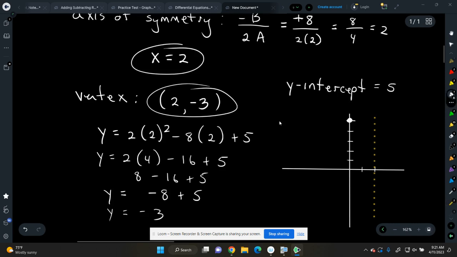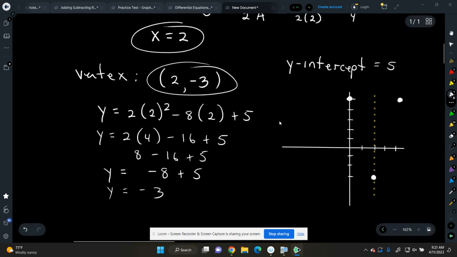And then we're going to plot our vertex, (2, -3). And now what? Mirror it. Yes, mirror it. So we're going to fold it on that imaginary dotted line. And there's the other point because I need 3 points. So there is my parabola.